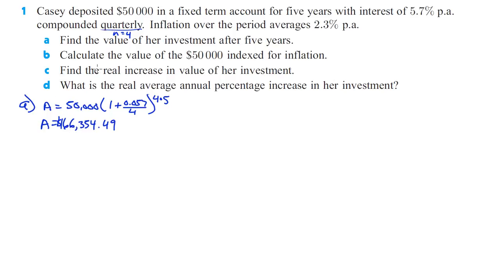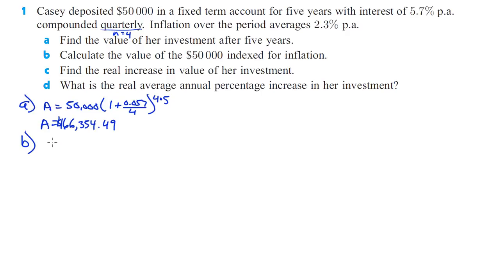Now, calculate the value of the $50,000 indexed for inflation. In other words, $50,000 today is not going to be worth $50,000 in 5 years, because the dollar is getting less and less valuable because of inflation.